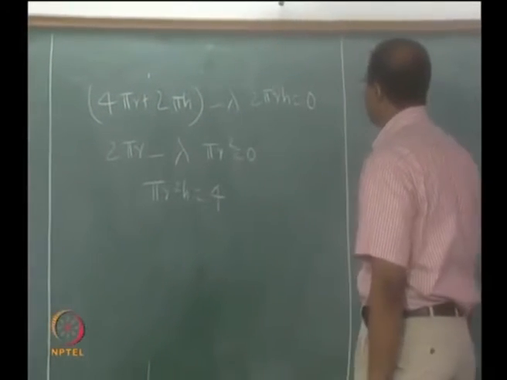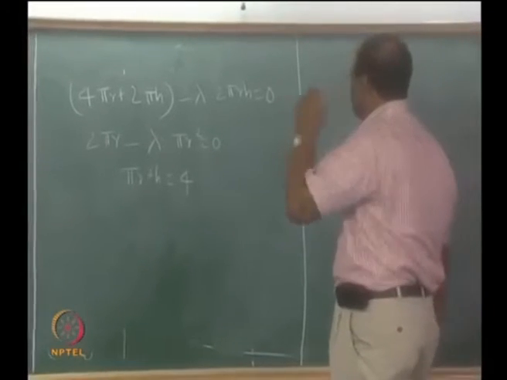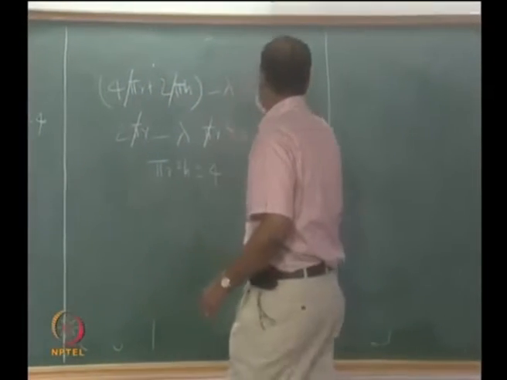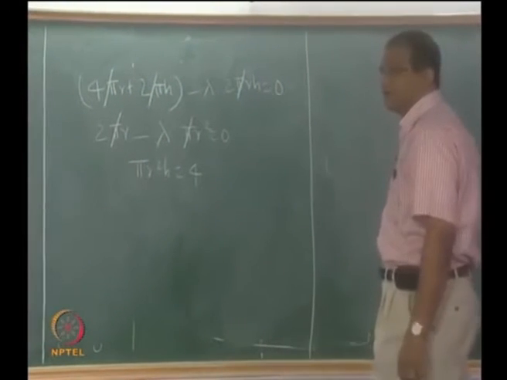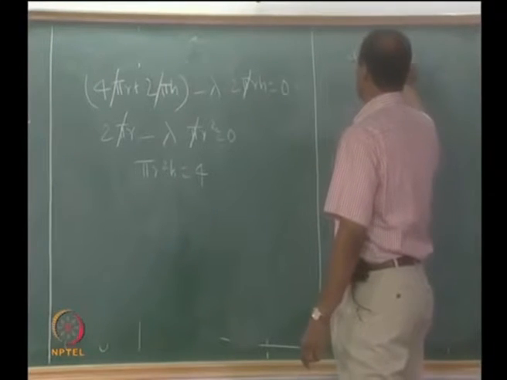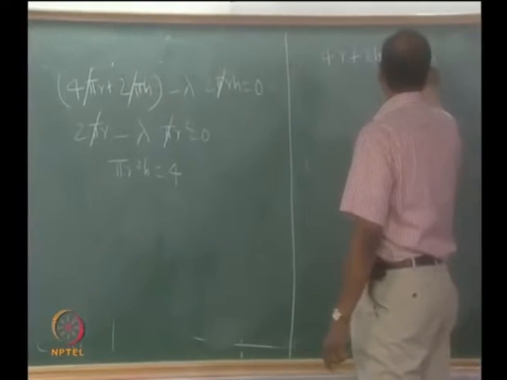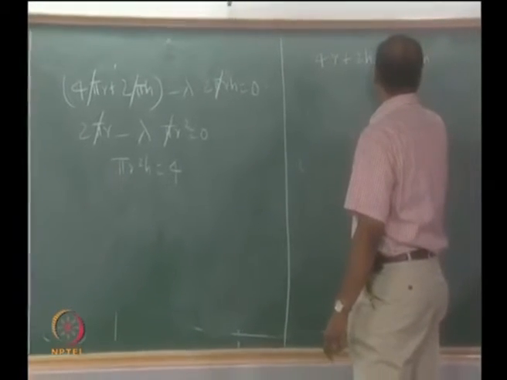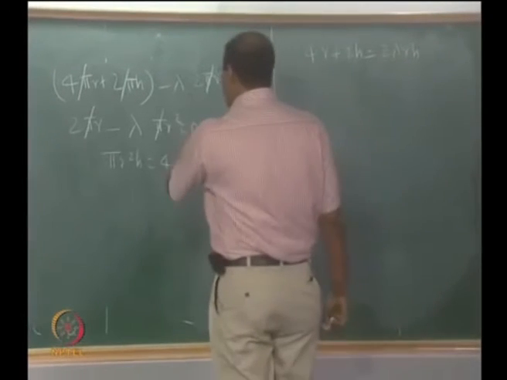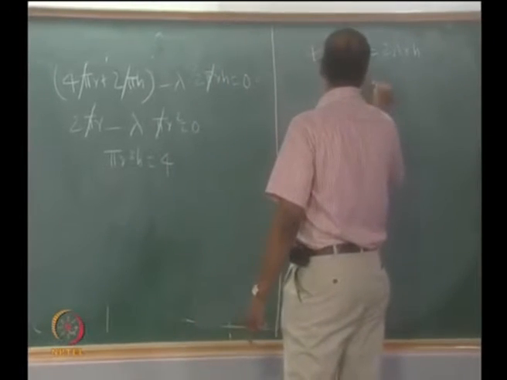So what is the simplification now? This fellow can be removed. Correct? So 4R is equal to 2 lambda RH, yeah? Correct? The second one you can cancel, no? Lambda equal to lambda, that is very good.